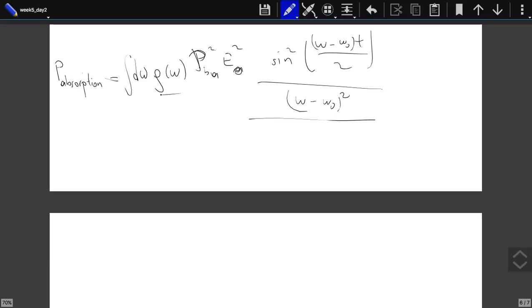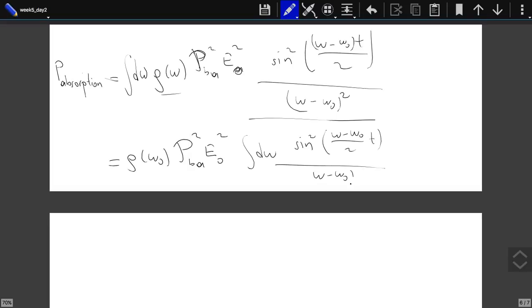So if you deviate omega from omega 0 by a small amount, rho doesn't change much. So in all the regions where this integral receives its contribution, that is close to omega 0, rho is just a constant, so I can take it out of the integral. So this is equal to rho of omega 0, this p ea squared E0 squared, integral of d omega sine squared of (omega minus omega 0) over 2 times t, divided by (omega minus omega 0) squared.